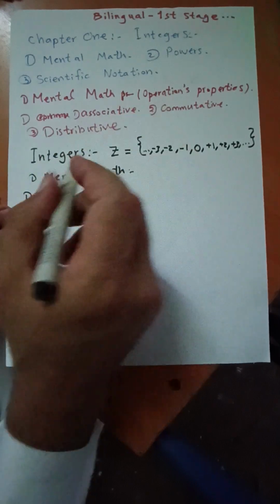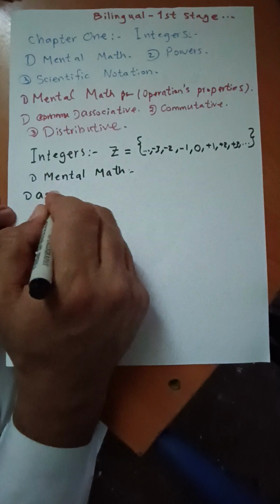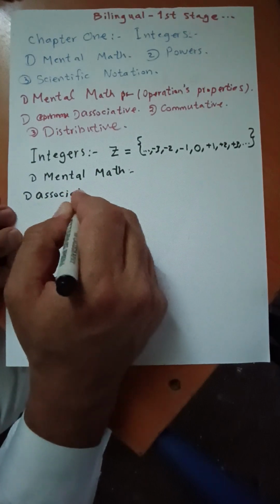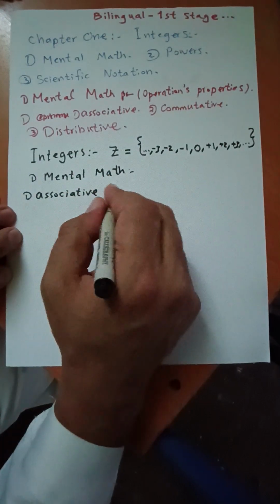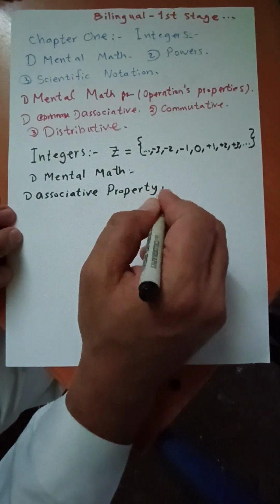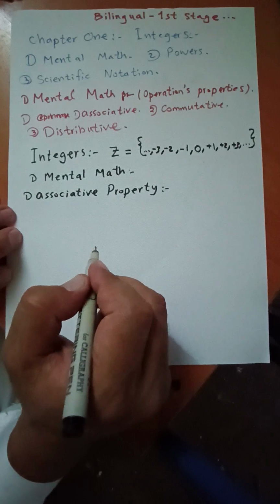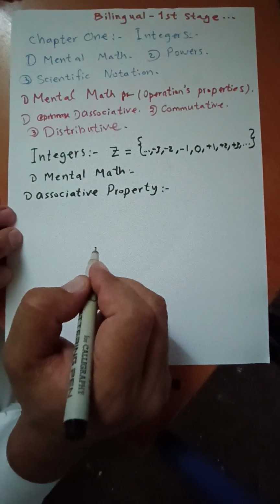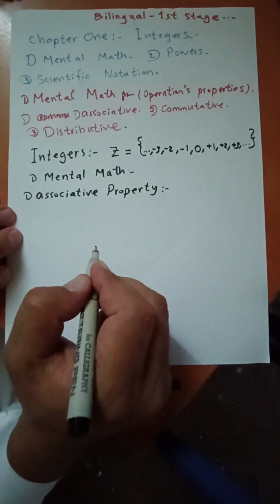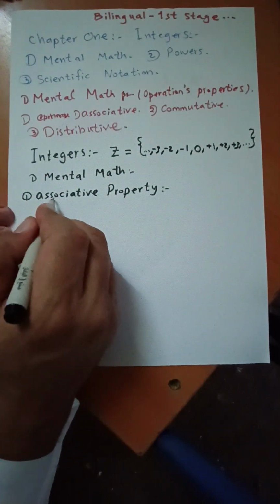Number 1, which property do I have? The associative property. Honey students, please focus with me, because last week we couldn't explain all of them properly, because of the short time. Now, what do I mean with the associative?